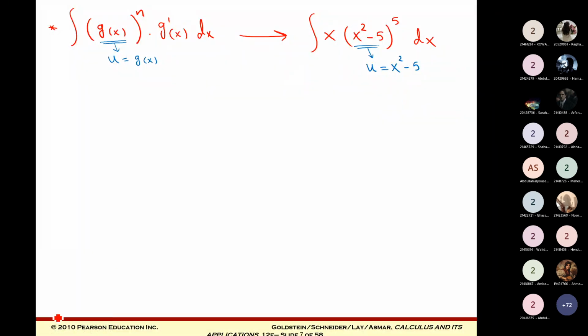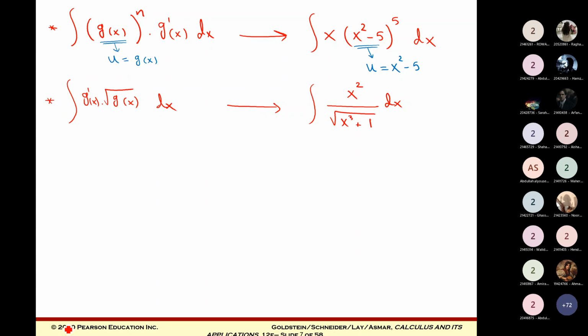The second case: if we have a radical of g of x, and outside the radical we have g prime of x dx. An example for this: a radical of x to the power 3 plus 1, and in the numerator, for example, x squared dx.